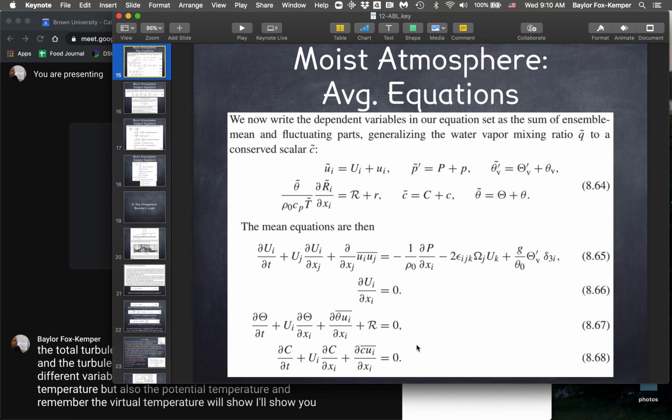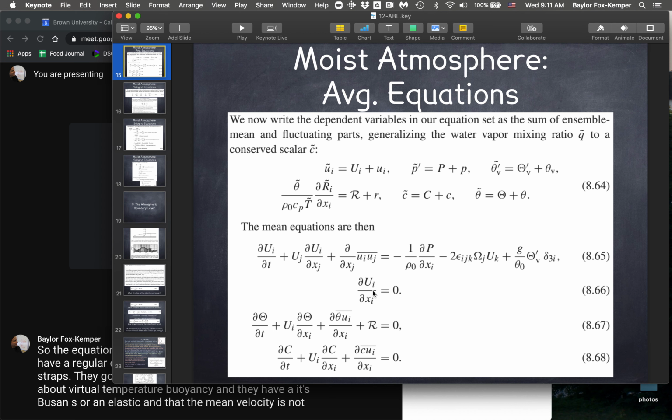So the equations for the mean flow then look like this. They have a regular old material derivative. They've got a Reynolds stress. They've got a pressure gradient. They've got Coriolis. They've got a virtual temperature buoyancy. And it's Boussinesq or anelastic, so the mean velocity is non-divergent.